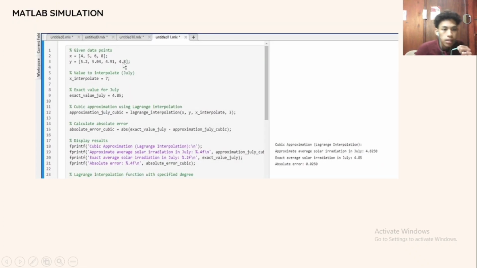So it's like before. So we just put x and y. X, the data is 4, 5, 6, and 8. So for the y, it is 5.2, 5.04, 5.91, and 5.8 for the August.